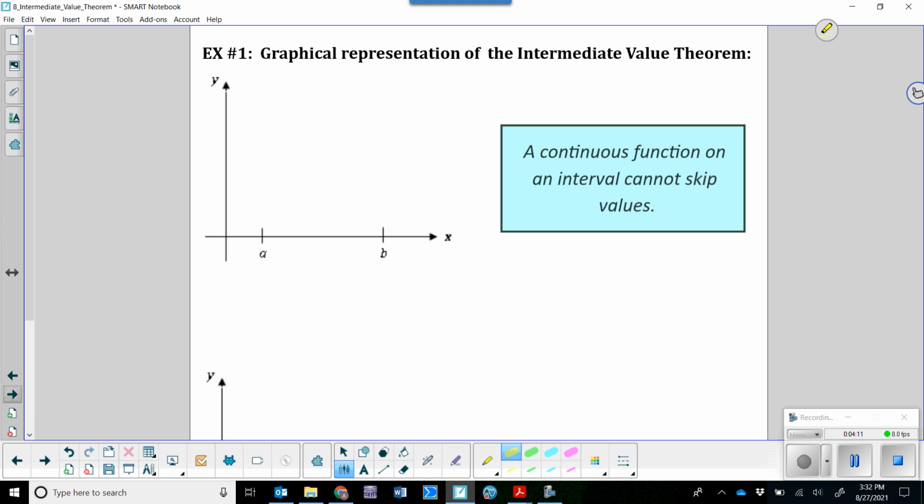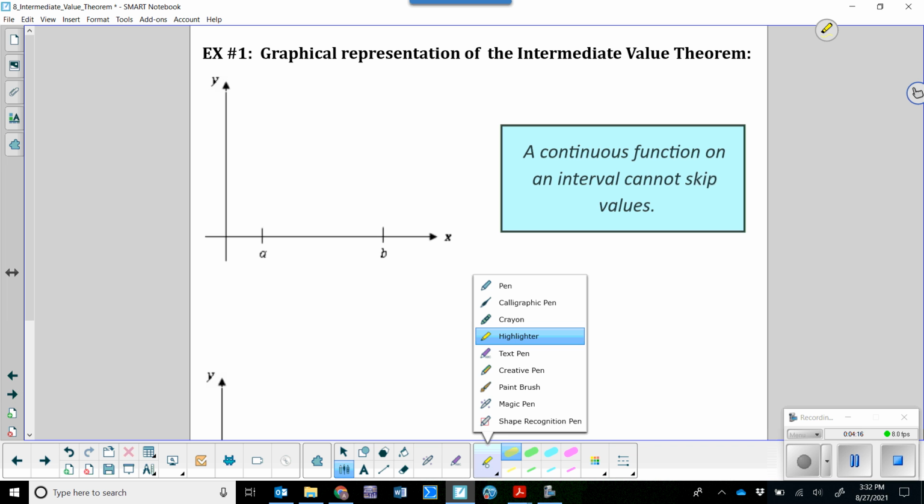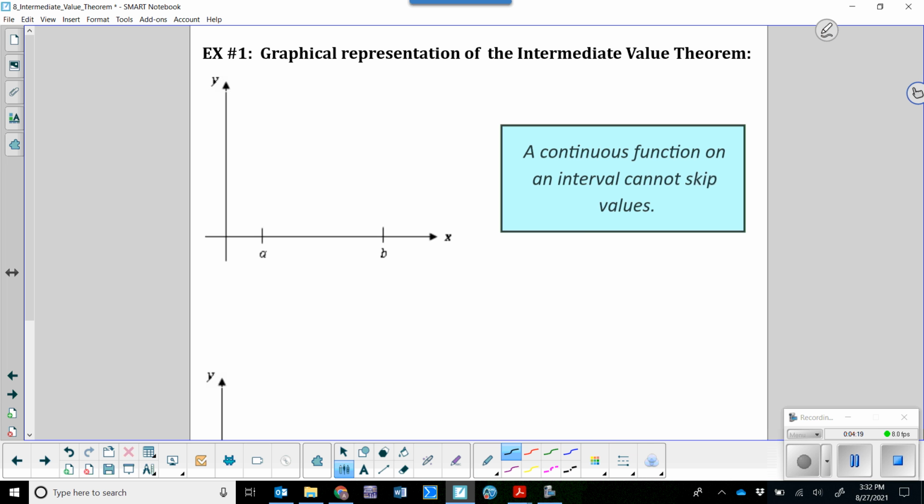Let's look at it in a picture to get the idea of the intermediate value theorem. We'll draw a generic little curve that goes from A to B. This would be f of a right here, and this would be f of b, where my a goes across and where my b goes across.